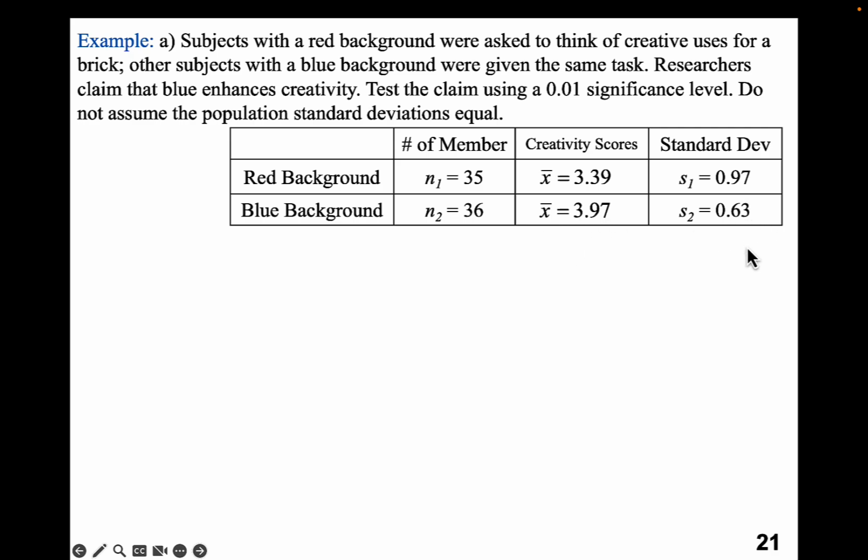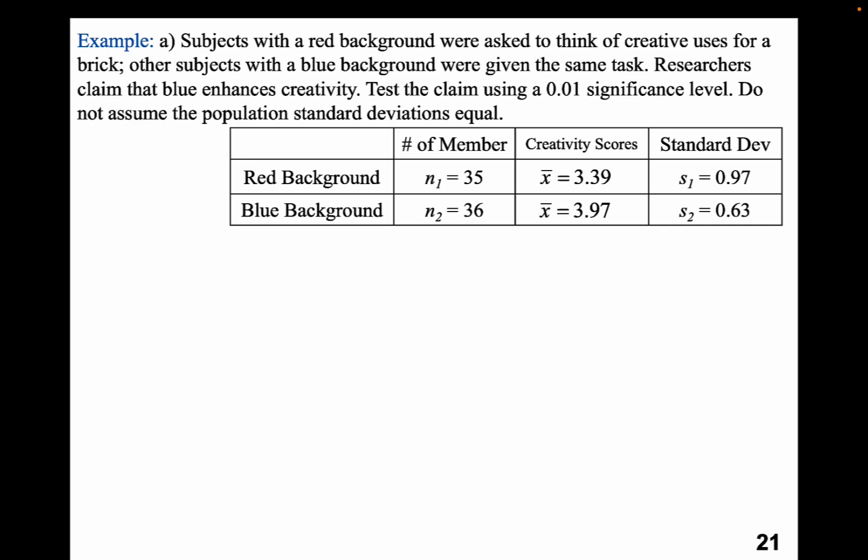Standard deviation smaller, 0.63. All right, significance level is here. This is alpha, 0.01. And it says do not assume the population standard deviations are equal. So when it comes to the point where we are asked to pool the sample or not, we are not going to pool them. Do not assume they're equal, therefore do not pool them.